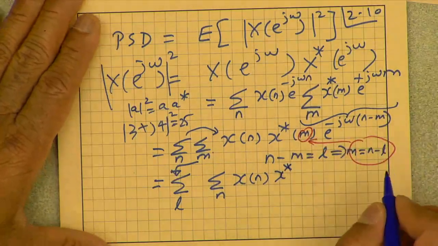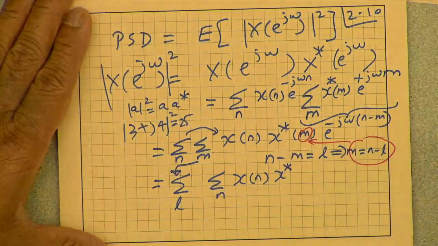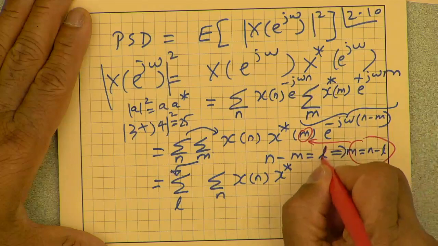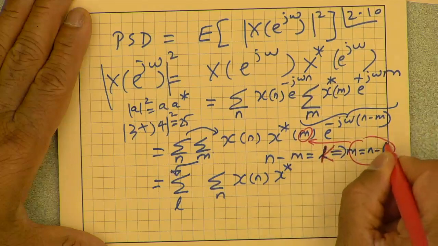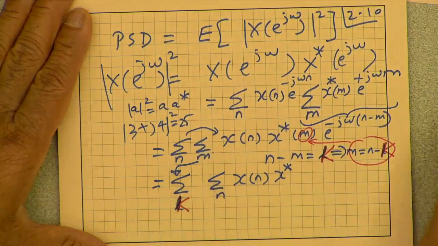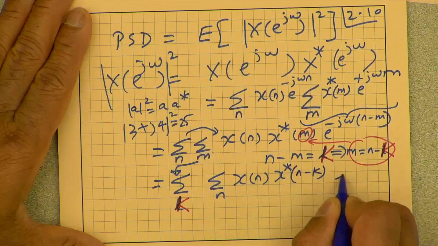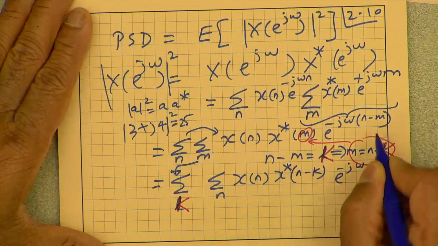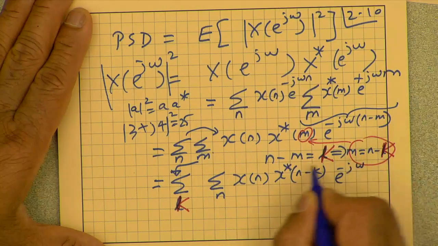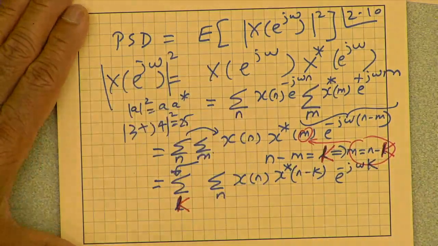Actually, let me use n minus m is k, so we'll use the notation k, so that will be the lag k. So x[n] x conjugate[n minus k] e^(-jωk), where n minus m is k. Okay, so that's that quantity.